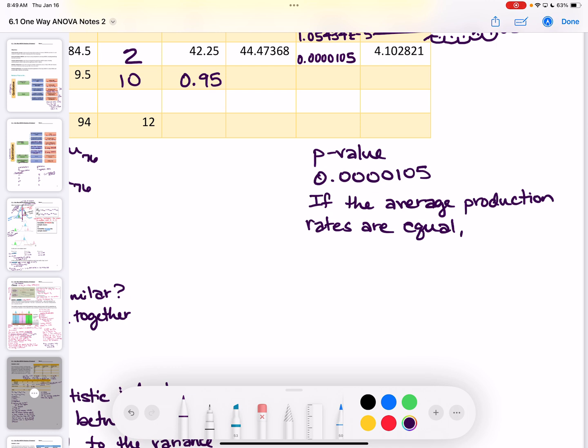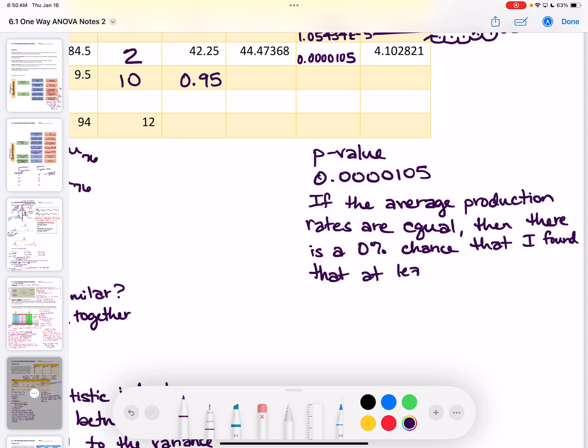So if the null is true, if the averages are equal, then there is a 0% chance that I found that at least one average is different.